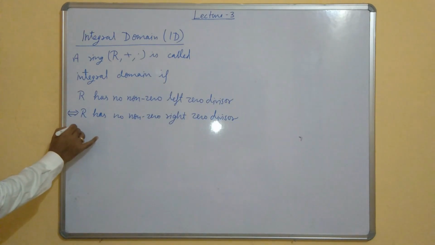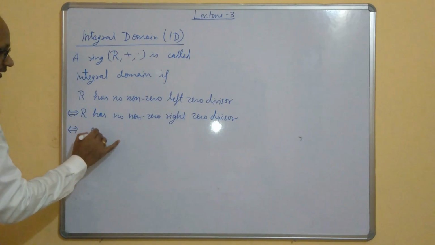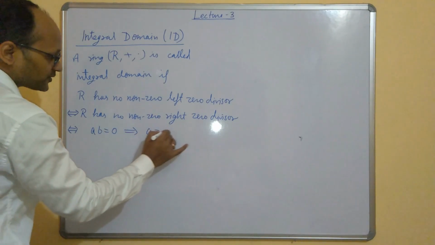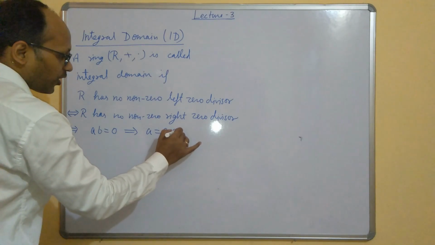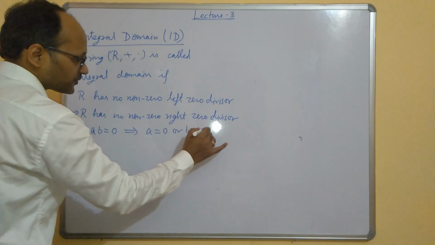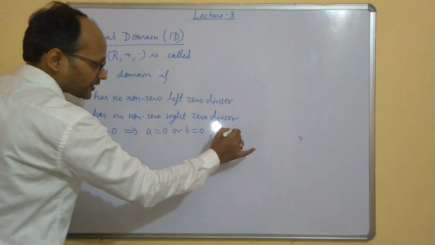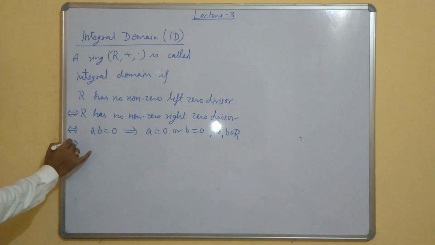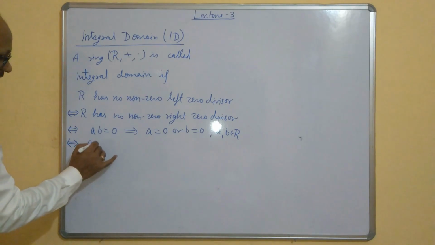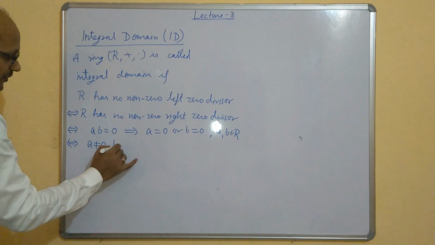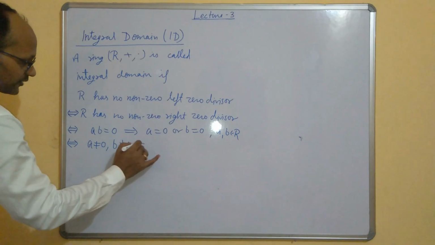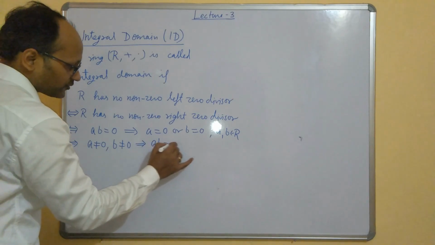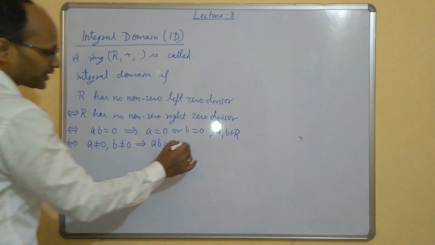This is equivalent to saying that if AB is equal to 0 in R, this implies A is equal to 0 or B is equal to 0, where A, B are elements of R. This is equivalent to saying that if A is not equal to 0 and B is not equal to 0, these are two non-zero elements, then this implies that AB is not equal to 0. Again, A, B belong to R.